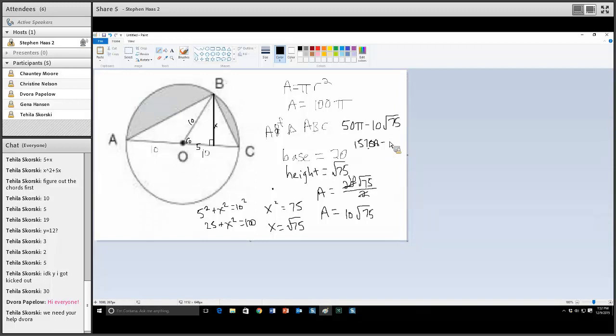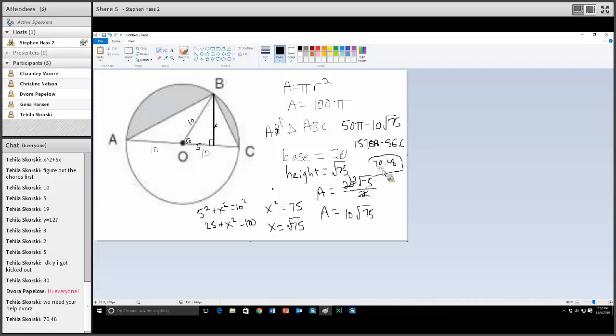Well, the square root of 75 is 8.66. So multiply that by 10. So it would be 157.08 minus approximately 86.6, giving us an approximate answer of 70.48, approximately.